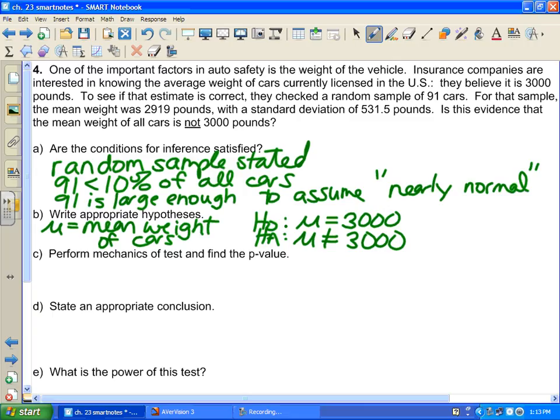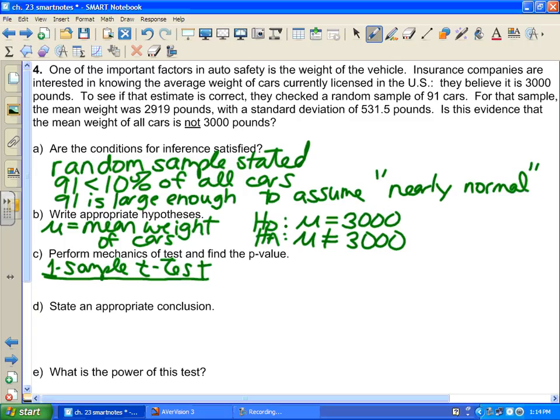Okay, so here's one of the main reasons I wanted us to do this problem: to perform the mechanics of a one sample t-test. But this time, do you have a list? No. So go to stats in the calculator. When you don't have a list, when it just gives you the mean and the standard deviation, you go to stats.